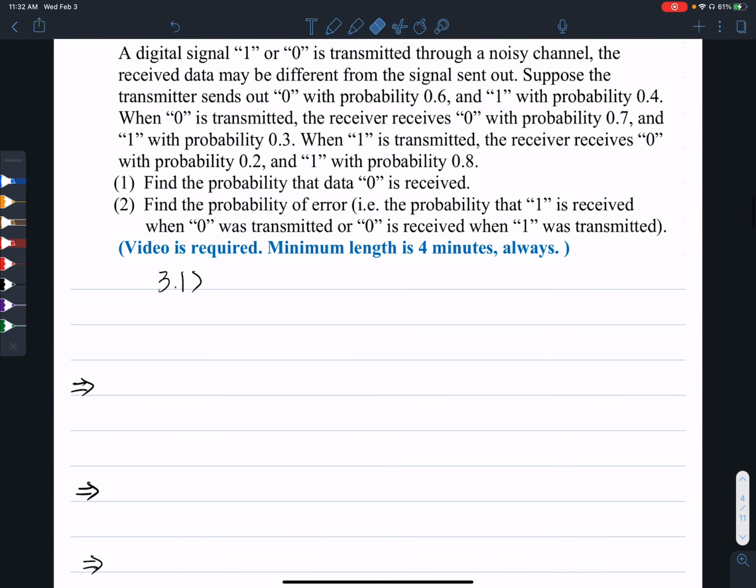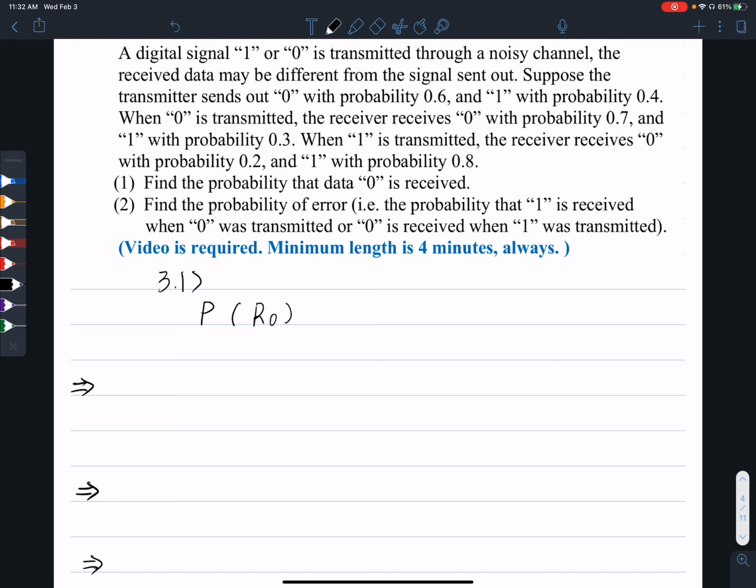The probability the data 0 is received, we set up as receive 0. The probability of receive 0 can be divided into two parts.